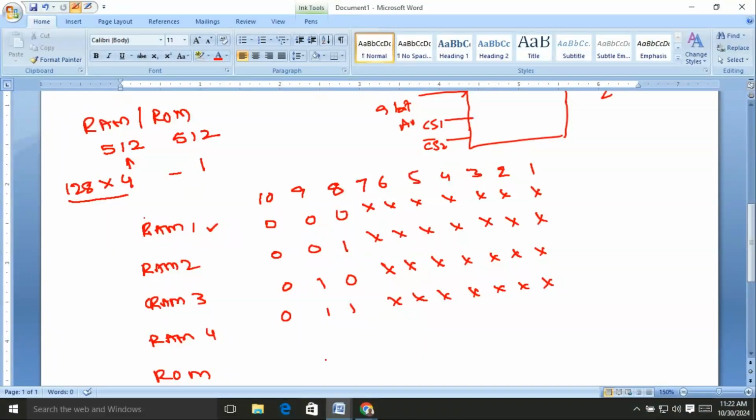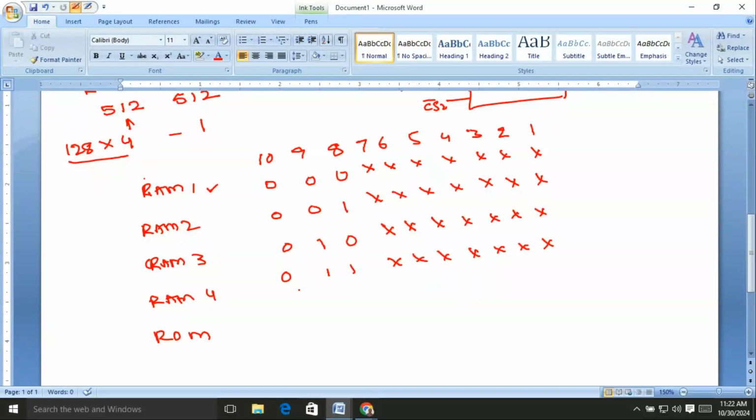Now suppose we are going to extract data from the ROM chip. Suppose the 10th bit is 1, and we know that we require 9 address bits because the capacity of the ROM chip is 512 bytes. Hence these 9 bits are used to extract data from any location of the ROM.